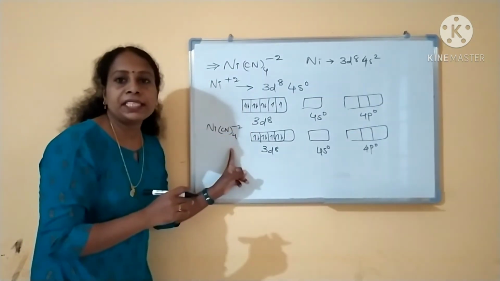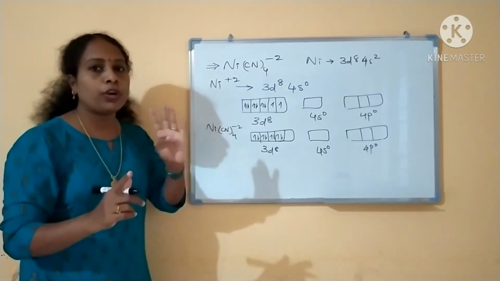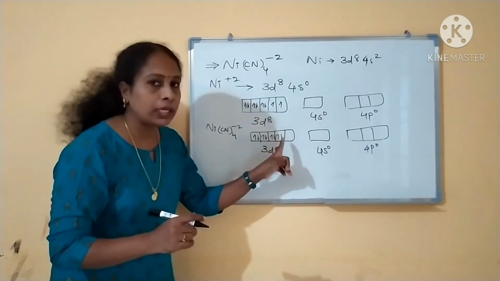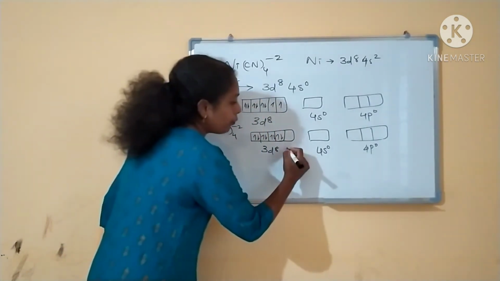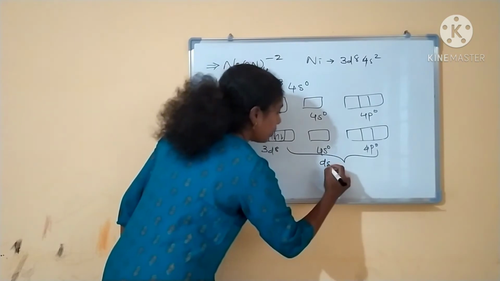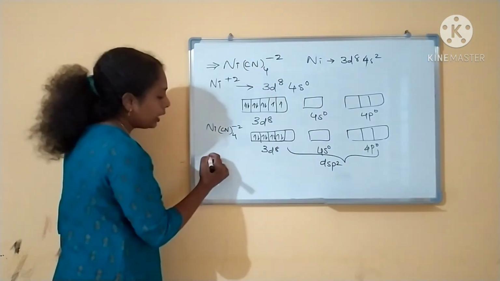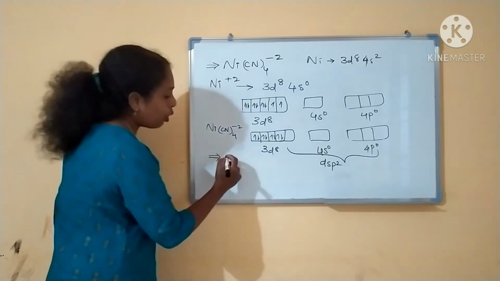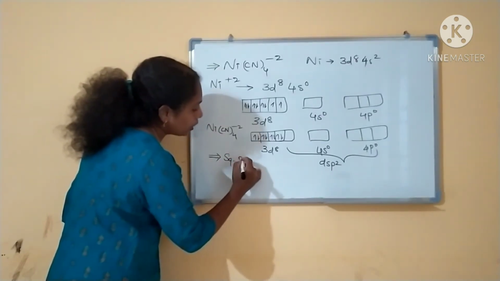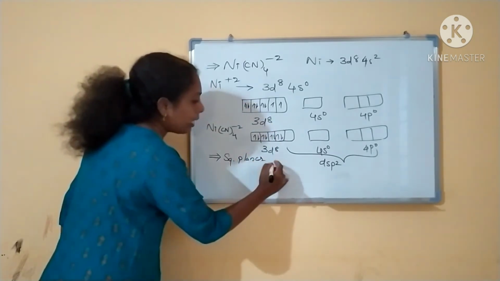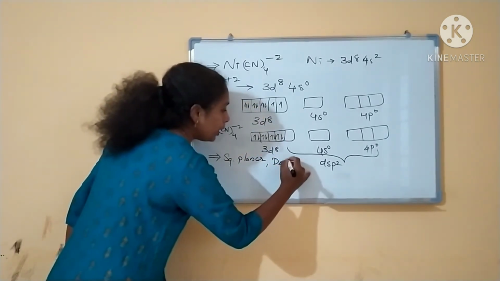Since there are 4 CN ligands, it requires 4 orbitals. From where will it take the orbital? Inner orbital, the d orbital it will take. 4 orbitals are required, so dsp2 hybridization it will undergo. dsp2 hybridization means the structure of the complex will be square planar, belonging to the point group D4h.